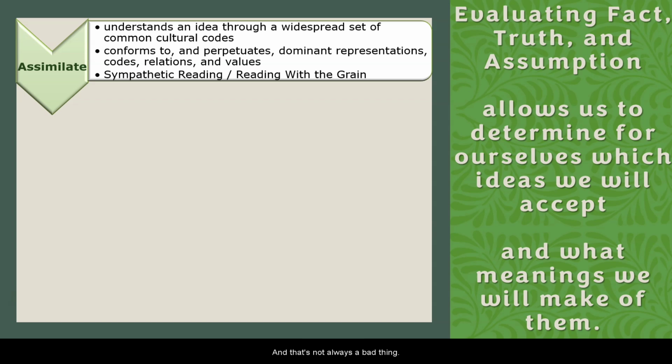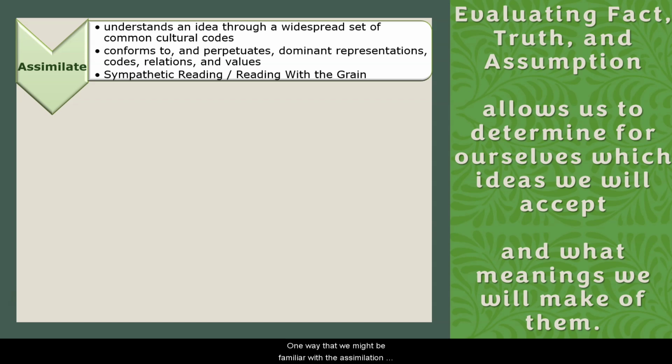And that's not always a bad thing. It's neither good nor bad. Whether we accept, reject, or negotiate between ideas is not good or bad. It's just a different way to engage with those ideas.